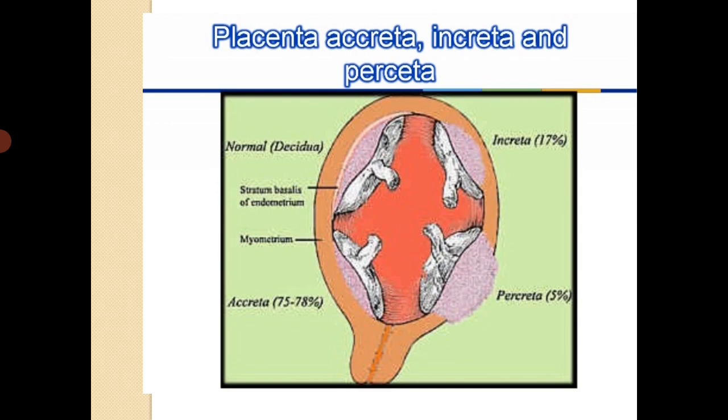Next to that, the placenta percreta, where the encroachment of placenta will go beyond the perimetrium. And last one, placenta accreta, where the encroachment will be till the myometrium.